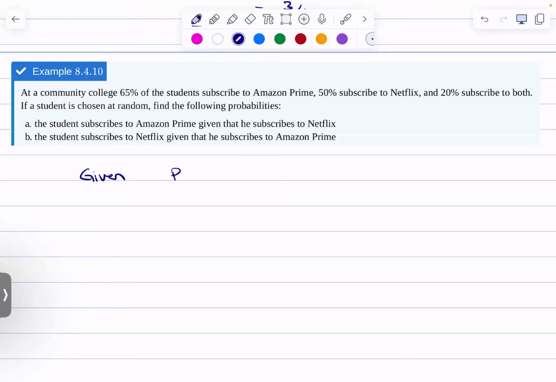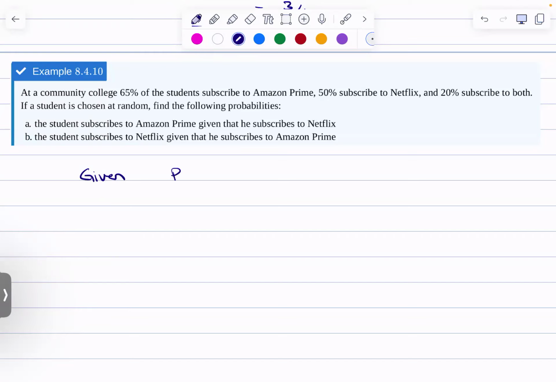So independent events. 2 events, E and F, are independent if and only if, and we usually abbreviate if and only if in math to IFF, at least one of the following 2 conditions is true. The probability of E given F is just the probability of E, or the probability of F given E is the probability of F. Notice the similarities here: it doesn't care about the given information, right?